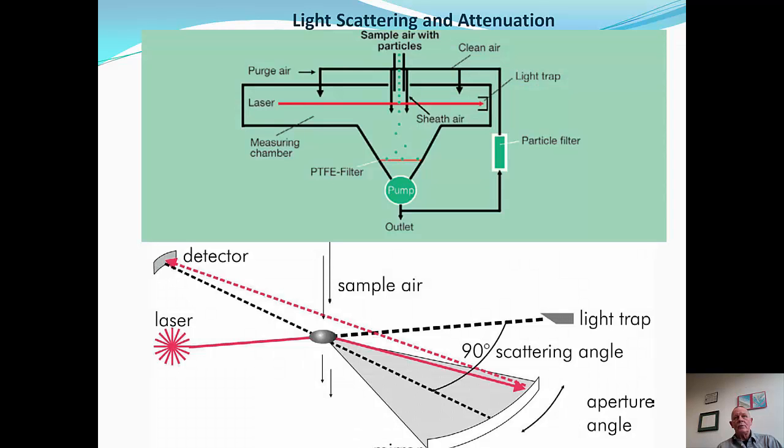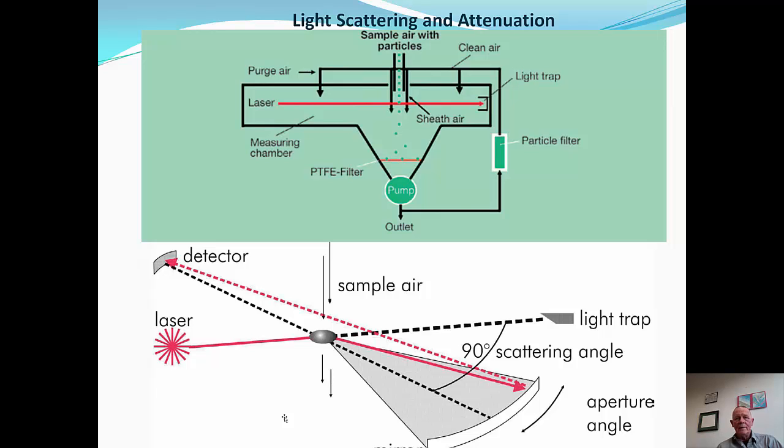The basic optical technique is one that uses light scattering, where you have a laser or other light source, shines a light through a volume. This would be the volume. And then you look at light that's scattered from that volume by particles at some fixed angle or angles. That's the way it's able to look at the number of particles.